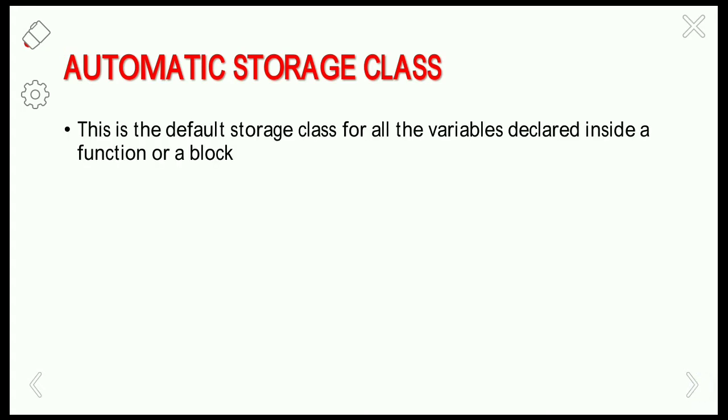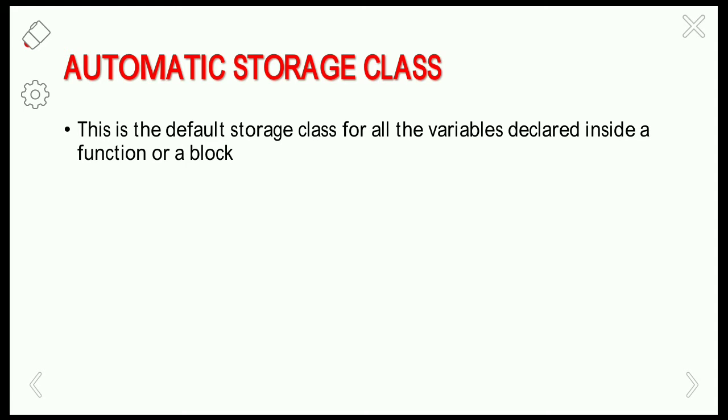Now let us know some more about the automatic storage class. This is the default storage class for all the variables declared inside a function or a block. Normally the syntax of any storage class is the storage class name followed by the data type and followed by the variable name or function name.